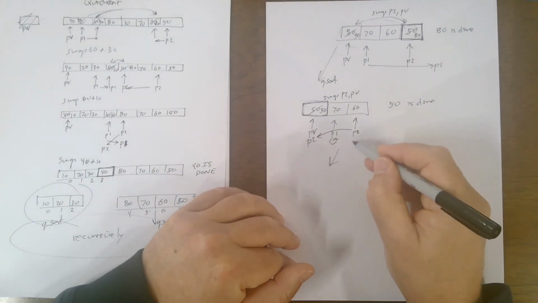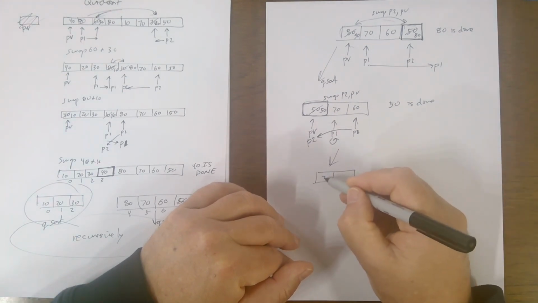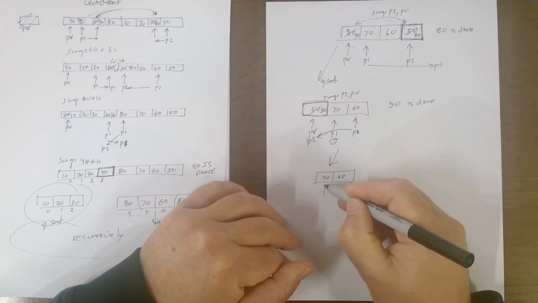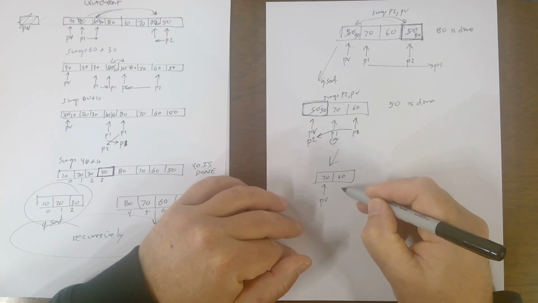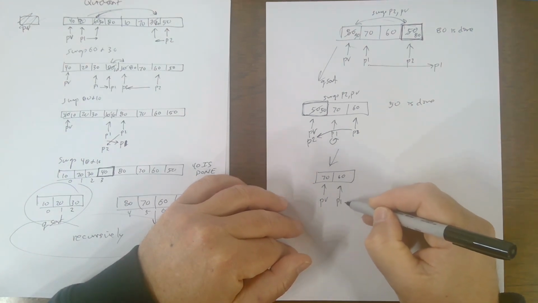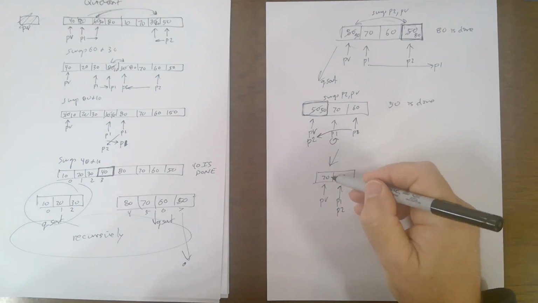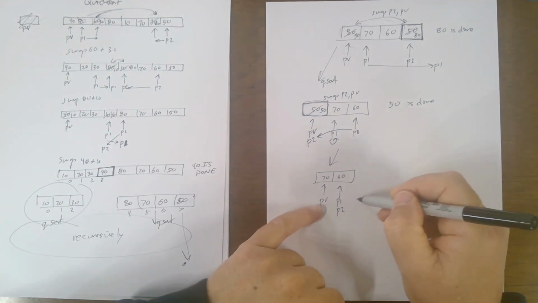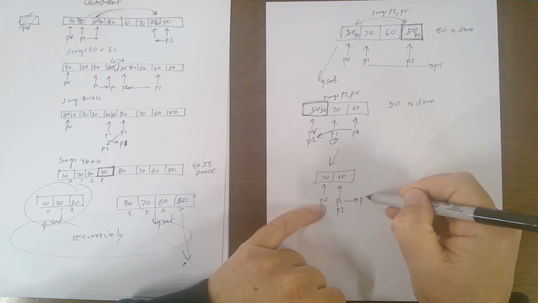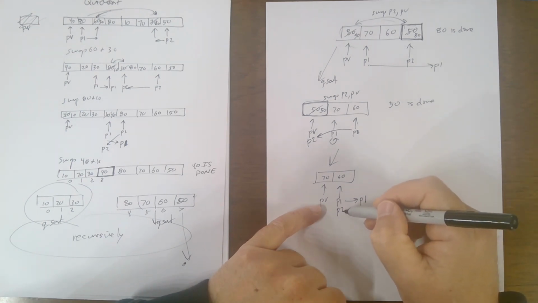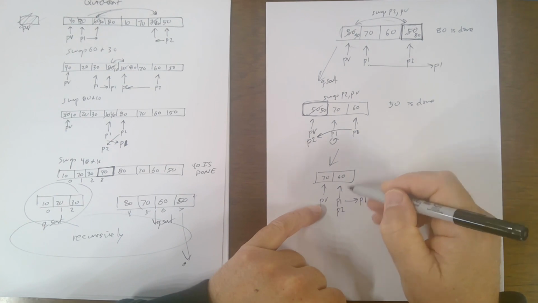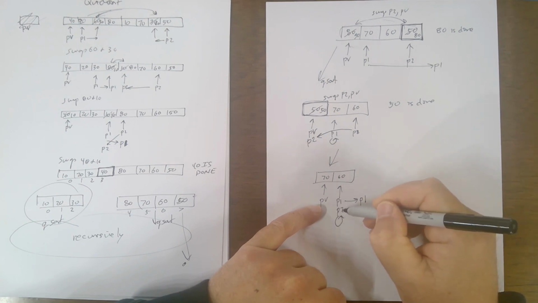You would continue. You would call quicksort on this subarray, the 70 and the 60. There's a pivot, P1 and P2. You would move P1 to the right, looking for something bigger than the pivot, and it would fall off the end. And you'd move P2 to the left, looking for something smaller than the pivot, so it would stop.